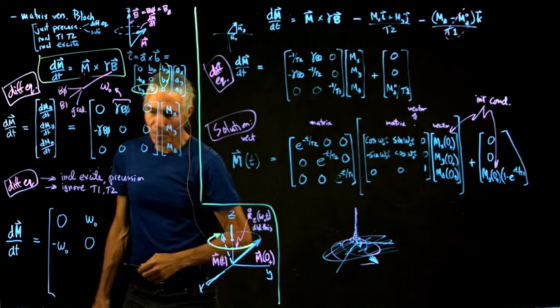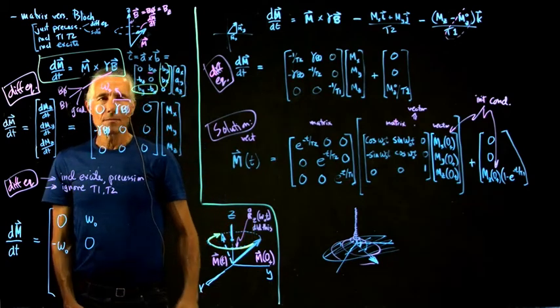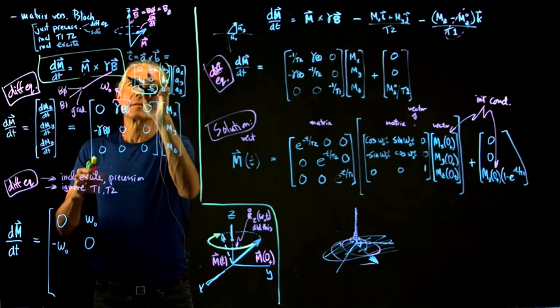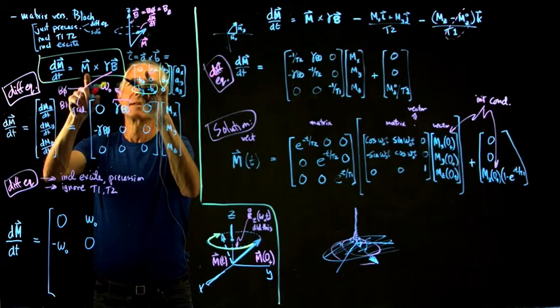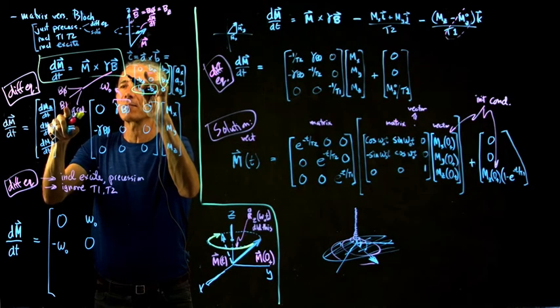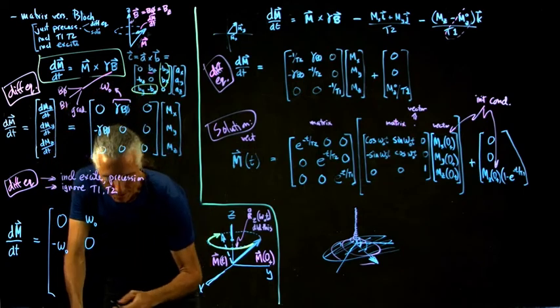The additional parts are that we just have to change the X and Y components of the B, which is the B1. What does that look like?